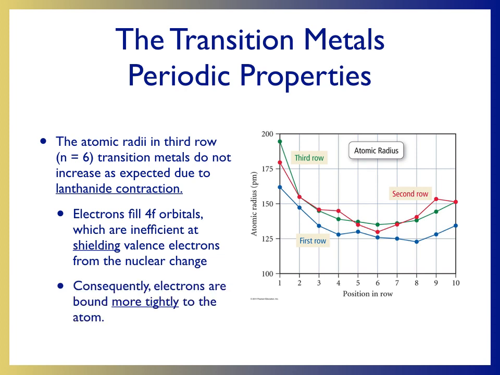This means that as we move from the fifth row to the sixth row, or from the second row to the third row of the transition elements, the atom is actually holding the electrons a bit more tightly to the nucleus than expected. This results in little to no change in the atomic radius as we move from the second row to the third row of the transition metals.